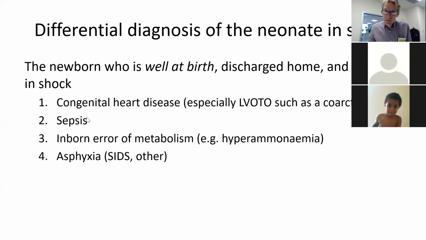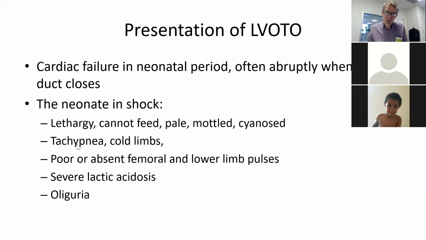And then there are some conditions where you have an inborn error of metabolism that these babies also present in shock. And then sometimes if a baby's had a sudden episode, like SIDS, asphyxia at home, they can present in shock just like this, with lethargy, poor feeding, tachypnea, cold limbs.